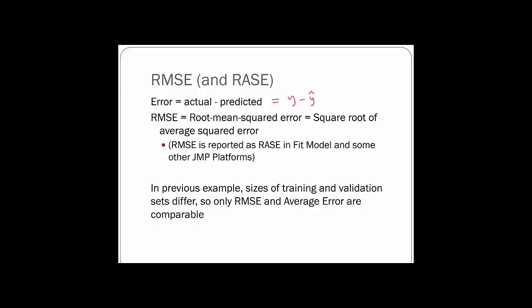Generally, root mean square error and average error are going to be more informative than total error, because sometimes the partitions are different sizes, and so you're adding up more numbers, so one should naturally be bigger than the other, even if the averages are the same.